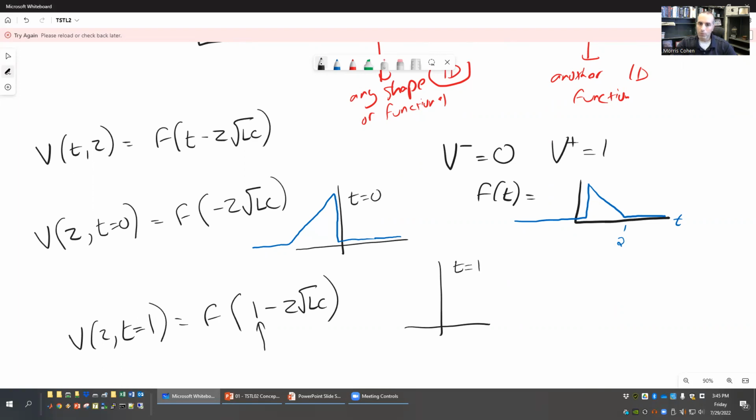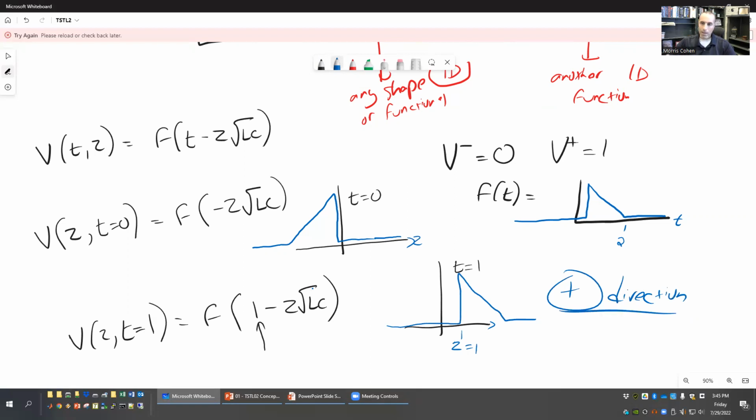This will be t equals 1. And going back to the blue, this function, if you plot it, will look like this. It'll be the same thing, except it'll be translated at z equals 1. This is z right here. So you can start to see that the wave is moving. It's moving in the positive direction.